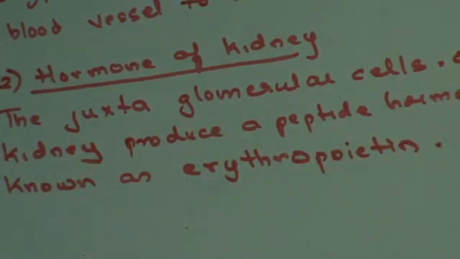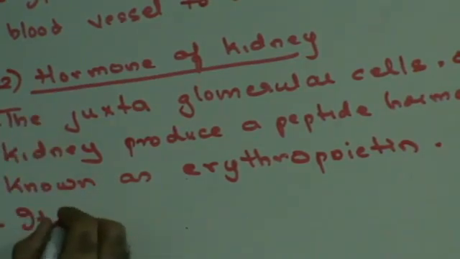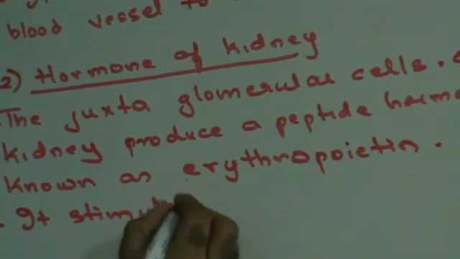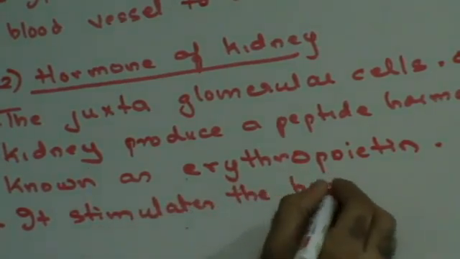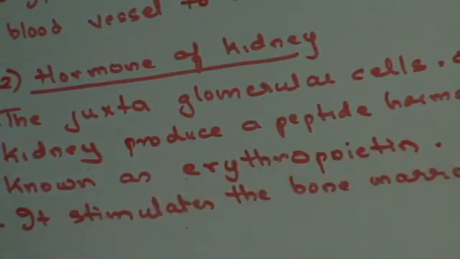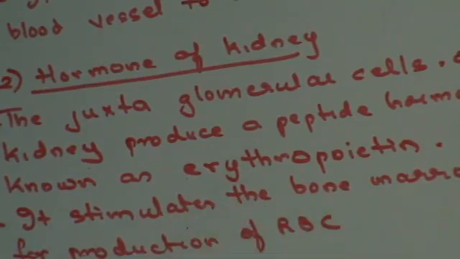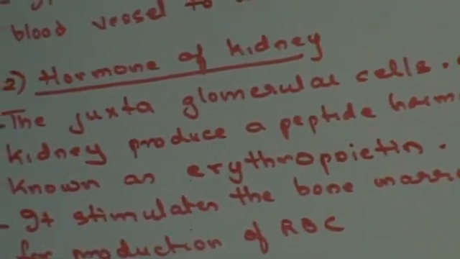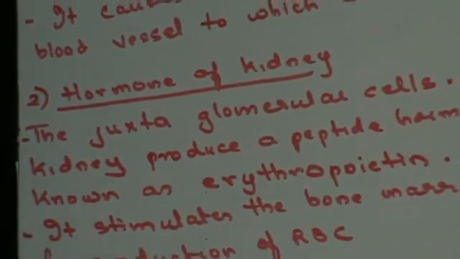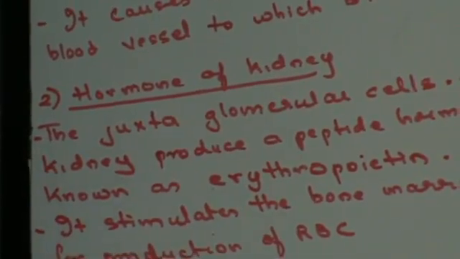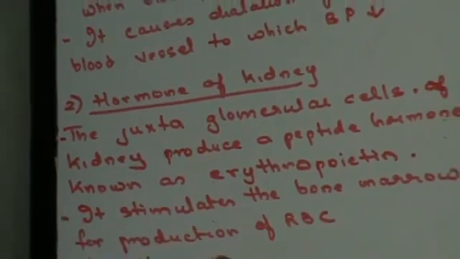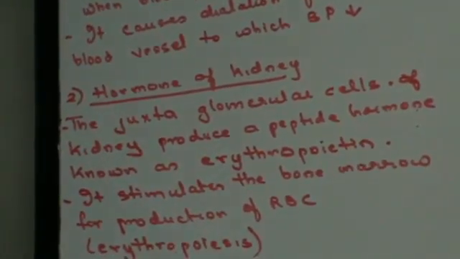Now, what does this hormone do? It stimulates the bone marrow for production of RBC. Production of RBC is also called erythropoiesis. Right? Those are the hormones of the kidney.